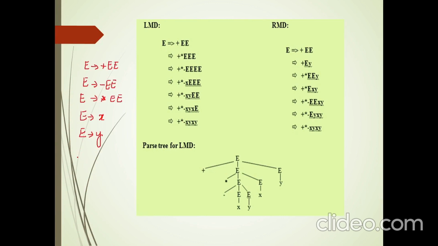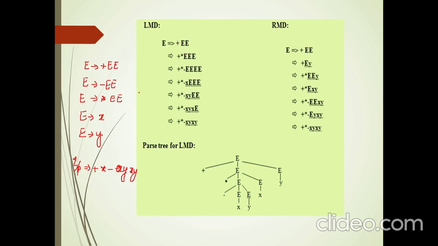The input we are supposed to obtain is plus star minus xy, xy. Let's see how to obtain it based on the LMD, RMD and the parse tree. First, based on the LMD, the first character we need to obtain is plus. So plus E E.